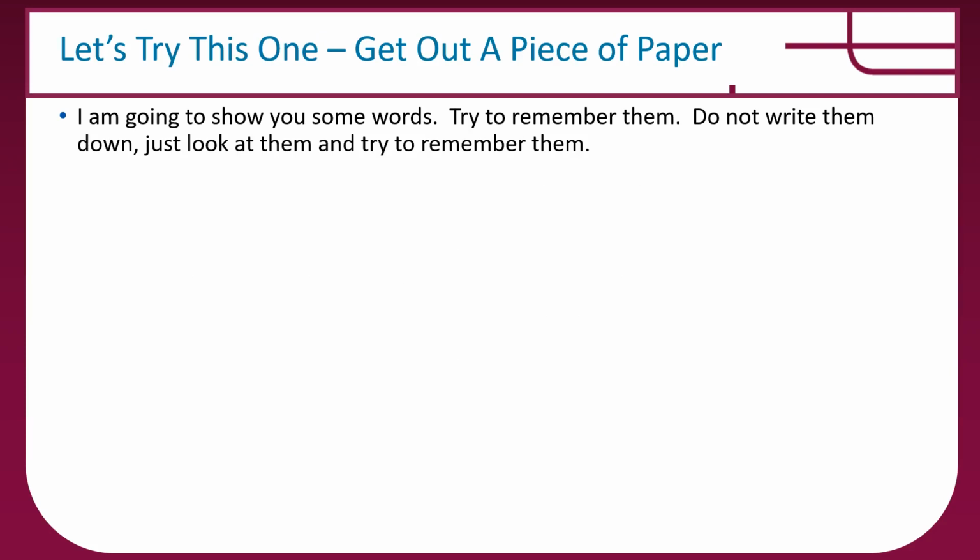Let's try this one also. Get out a piece of paper, that if you would, just your pencil. I'm going to show you some words and I want you to try to remember them. Don't write them down on the piece of paper when you're looking at them. I just want you to look at the words and then I'll take them off and I'm going to ask you to write them down. Okay, so no cheating. I know we're not even in class. This is just an example. So here we go. So just look at these words and try to remember them.